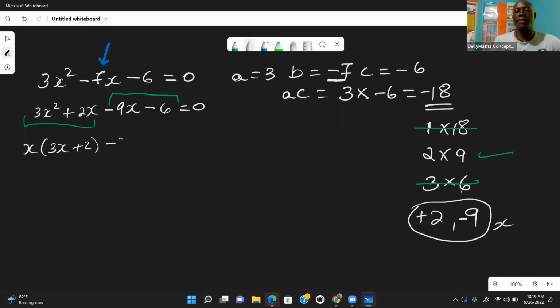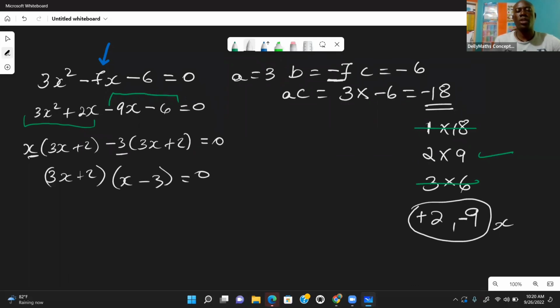So I'll be using negative 3, such that negative 3 into negative 9x will give me 3x, and negative 3 into negative 6 will give me a positive 2. And this is still equal to 0. At this moment, I'm seeing a common term, 3x plus 2, so I should write back the common factor 3x plus 2. When I refactorize, then we'll have x here and the minus 3 here.